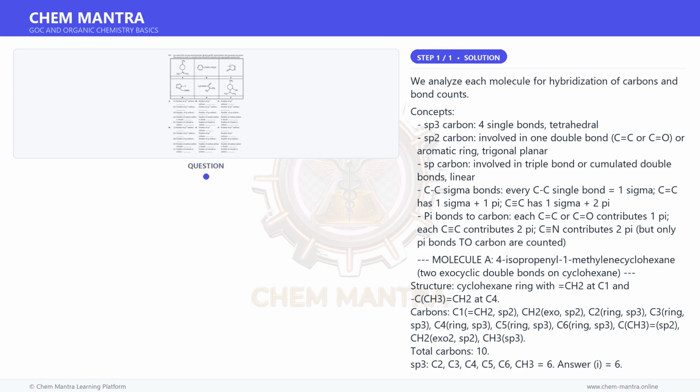Answer: 4 equals 9. Pi bonds to carbon: benzene has 3 pi bonds, counted as 3, C≡C has 2 pi bonds, C=O of CO2H has 1 pi bond, total equals 3 plus 2 plus 1 equals 6. Answer: V equals 6.